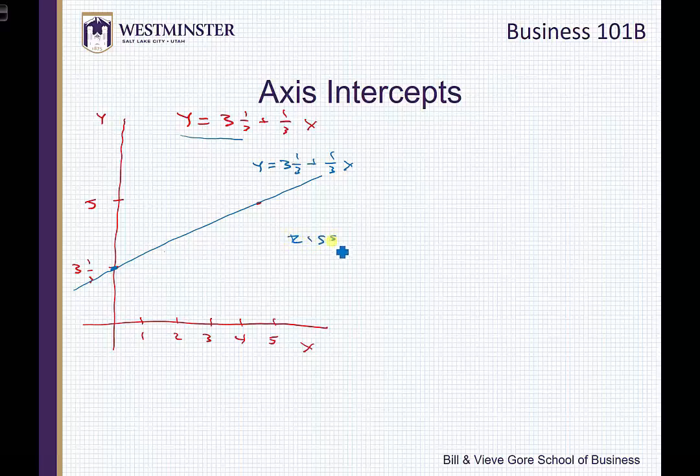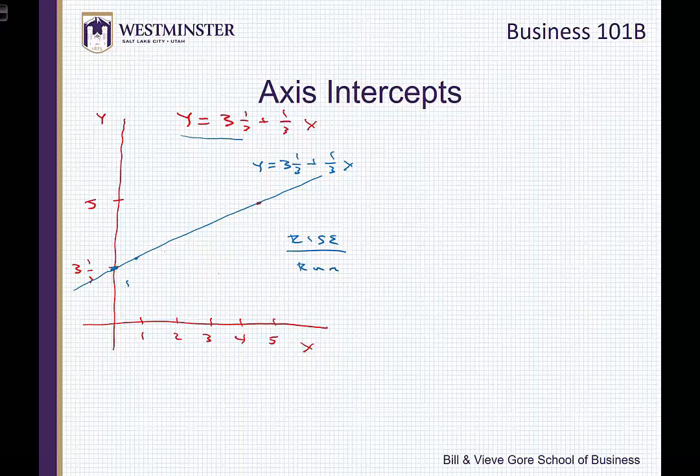You've seen this before, such that for every 1 unit movement in x, we have a 1/3 movement in y. So we have rise equaling 1/3 and x equaling 1.